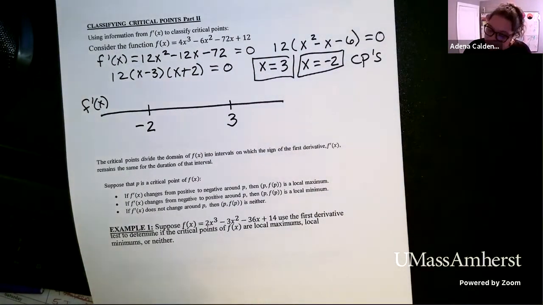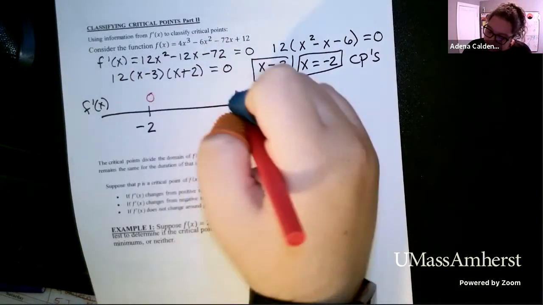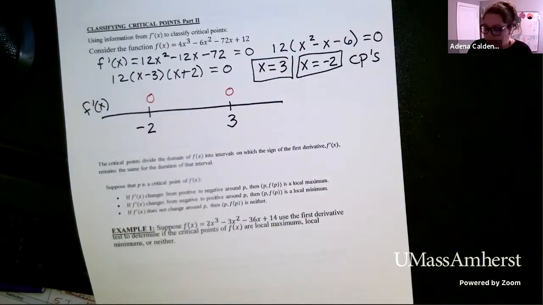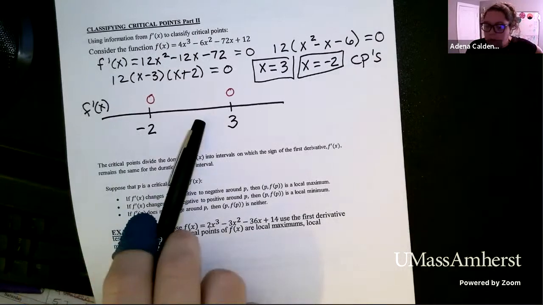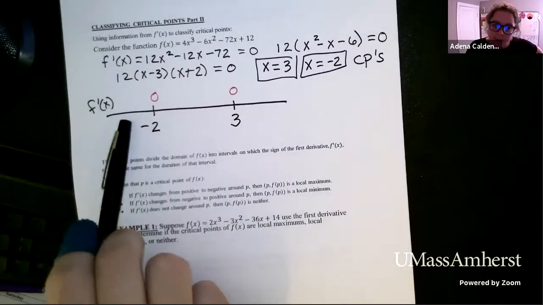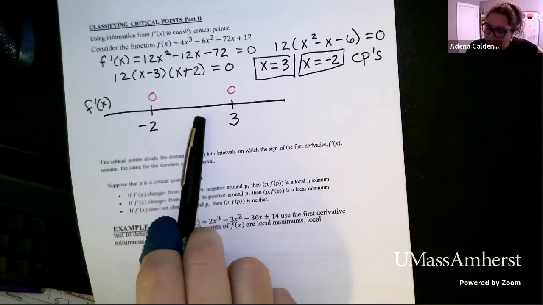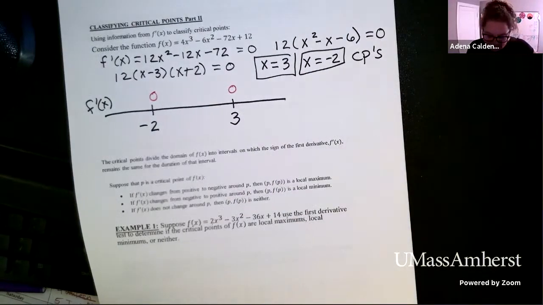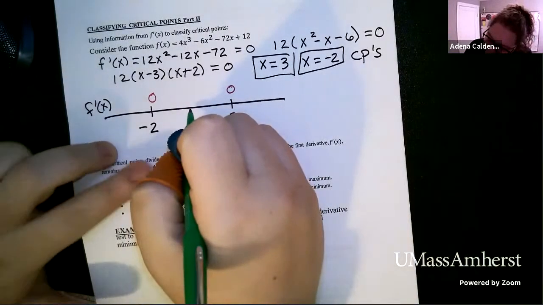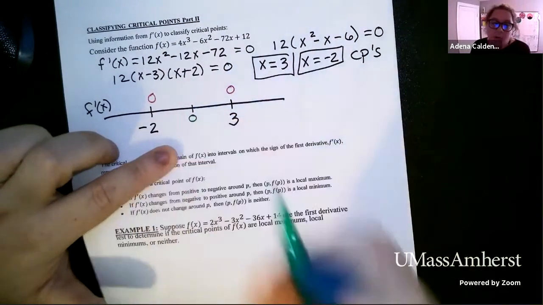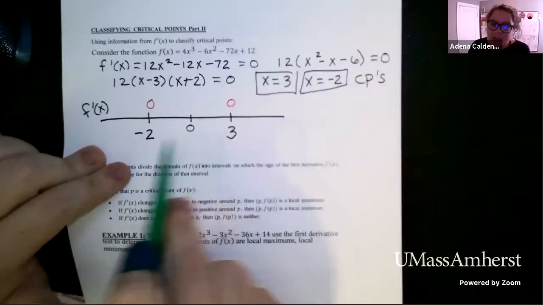So I know that since these are critical points, the derivative is 0 at negative 2 and at 3. What I need to do now is I need to use a test point for each interval here. So I've less than negative 2, between negative 2 and 3, and greater than 3. Those are the places. And so I can pick any test value that I want that's on that interval that's not the critical point. So for example, I'm going to pick 0 as my test point for between negative 2 and 3.